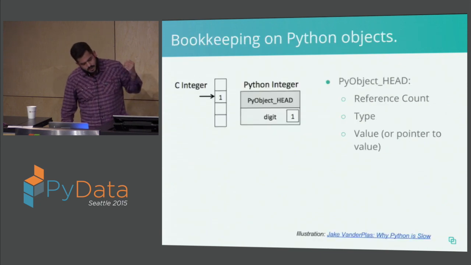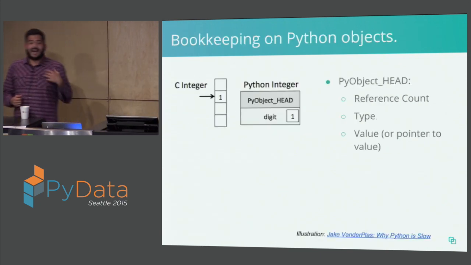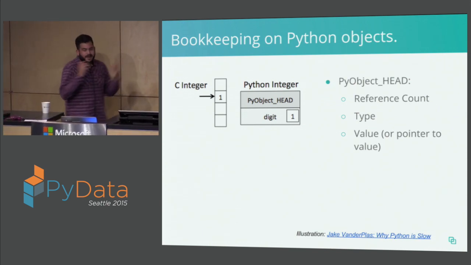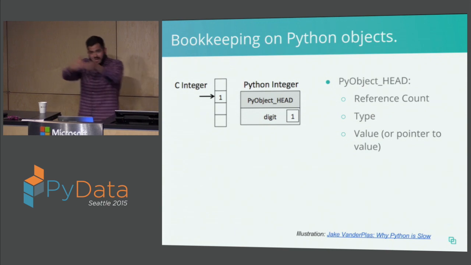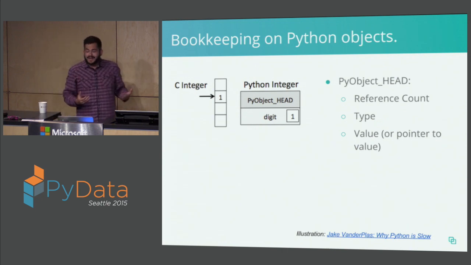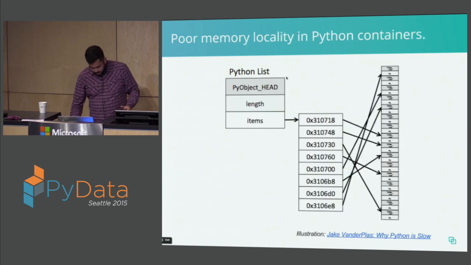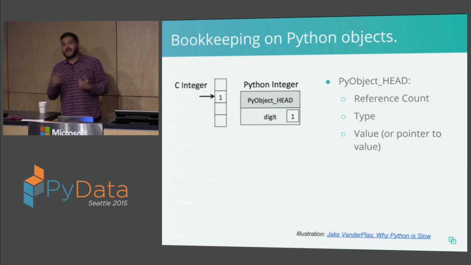But the other part of this is that individual Python objects have a lot of memory overhead. If you think about a C integer, an array in C is literally just a set of boxes that are sized exactly for the data inside of it. But at the Python level, there's a lot of overhead. So this PyObject_HEAD that you see here on this slide involves a lot of the bookkeeping that Python does so you don't have to manage memory.